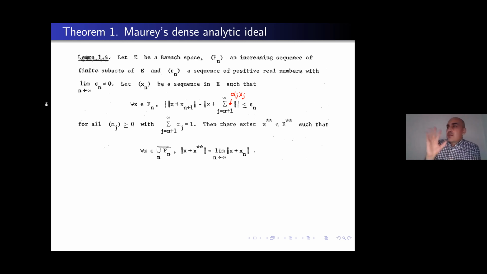So this is, as I said, running fast over the details, the idea of what's going on with Theorem 1, why the limit through a selective ultrafilter in fact gives an L-orthogonal element.